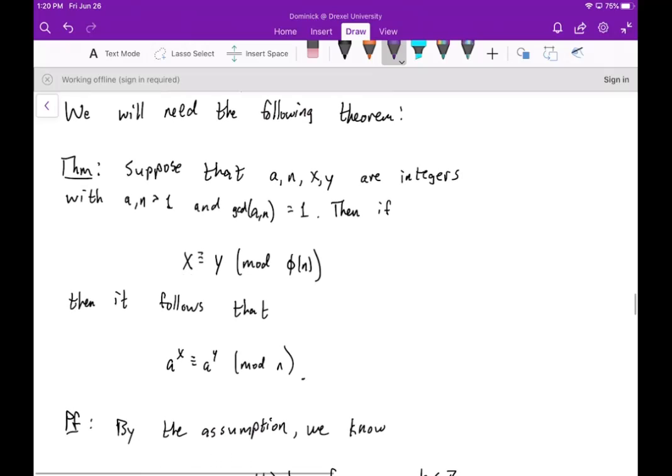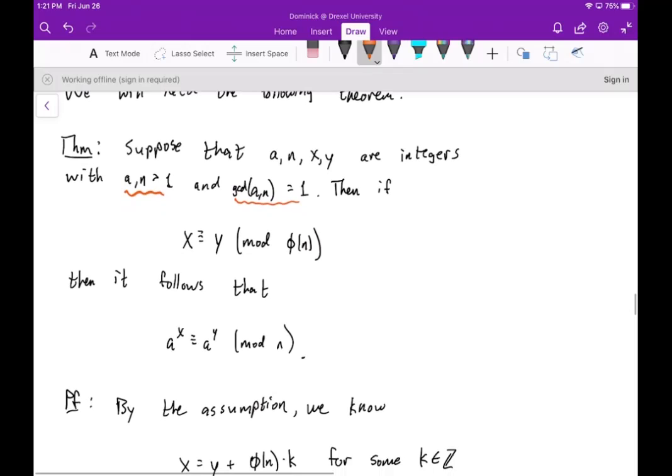Now, we're going to suppose that a, n, x, and y are integers, and that a and n are both greater than 1, and that the GCD of those two numbers is 1. So a and n are, of course, relatively prime.